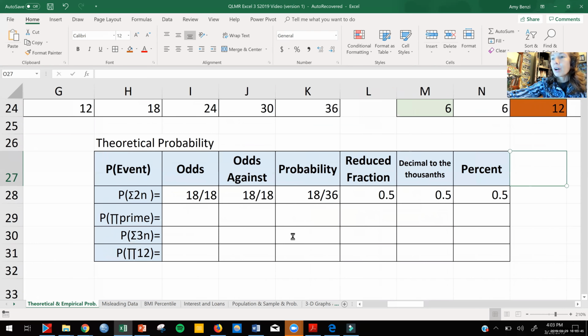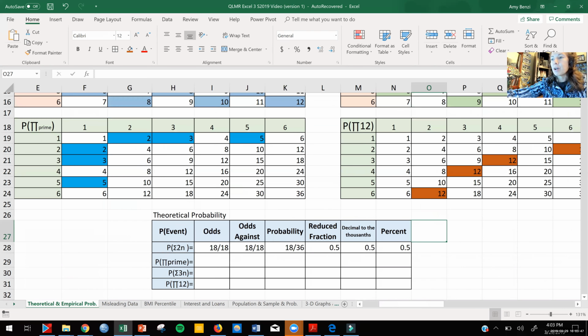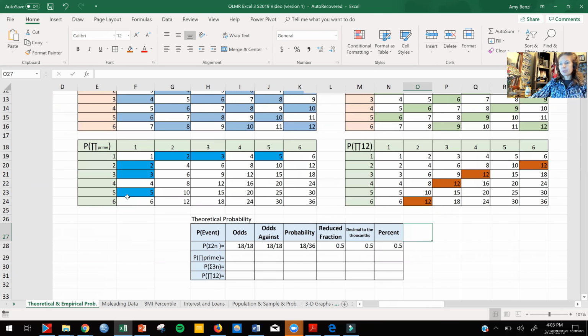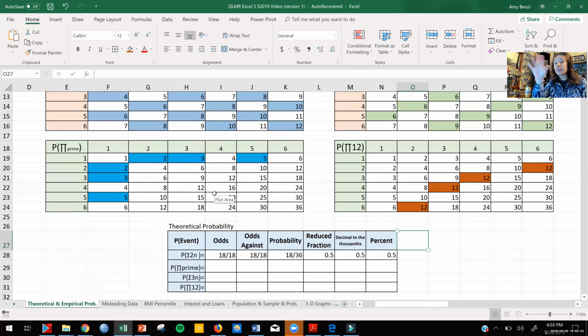All right, let's check our primes here. What about the product of a prime? That's my peacock blue here. I know all of these are out of 36 outcomes, because 6 times 6 gives me 36 cells here. So for the product of a prime, I have 1, 2, 3, 4, 5, 6. The odds of rolling a prime are 6 out of what?